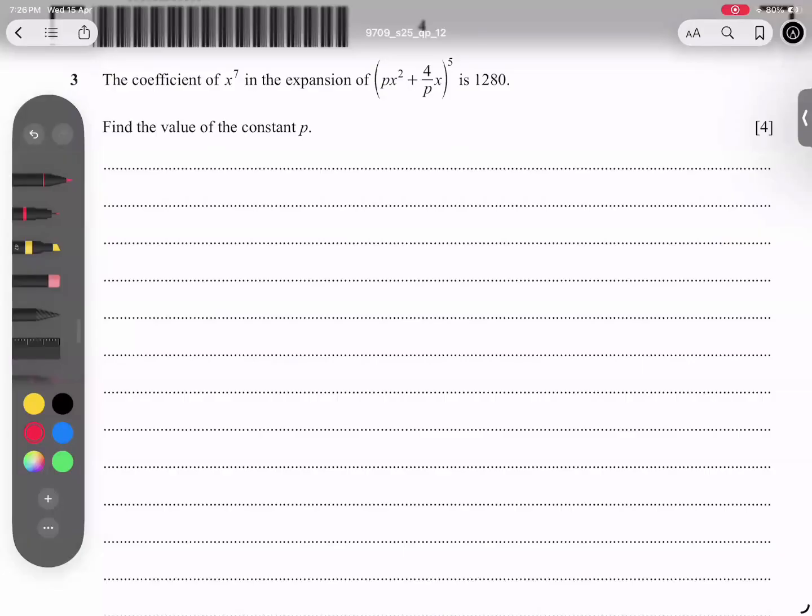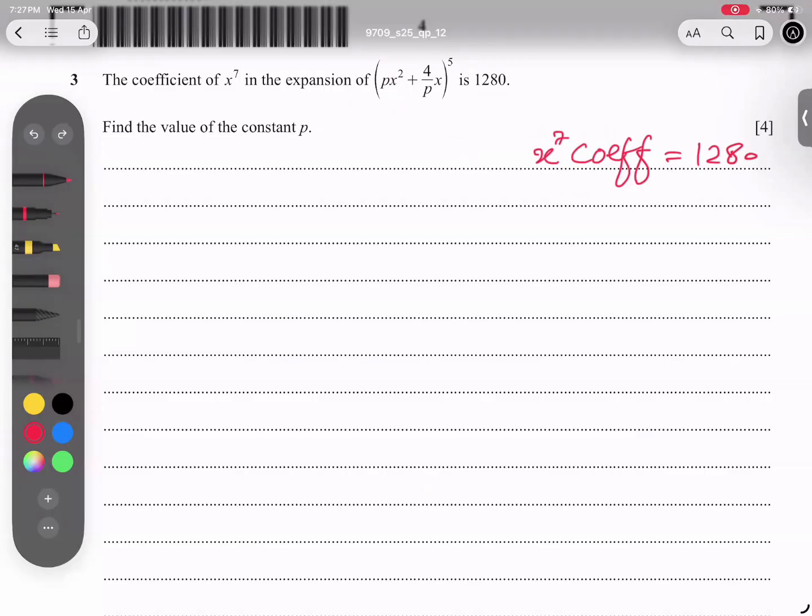Question number 3, students, we have the coefficient of x power 7 in this expansion is 1280. It means I'm writing here x to power, coefficient is 1280. I will expand it till I get the x to power 7. So obviously this first is 2 and 5, 2s are 10.